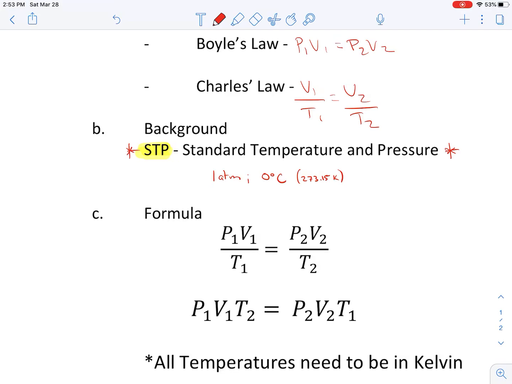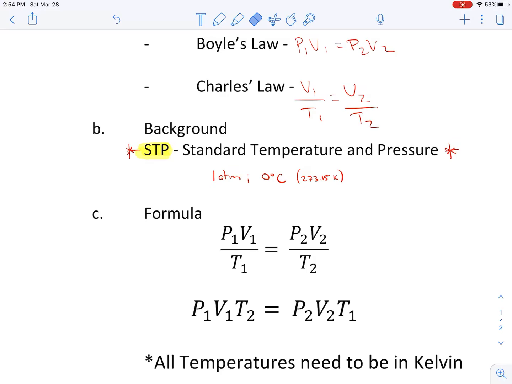This is the only formula you need to know, because if the pressures stay constant, we just cross them out and we have Charles' law. Or if the volumes stay constant, we cross those out and we have P1 over T1 equals P2 over T2. This is very handy.